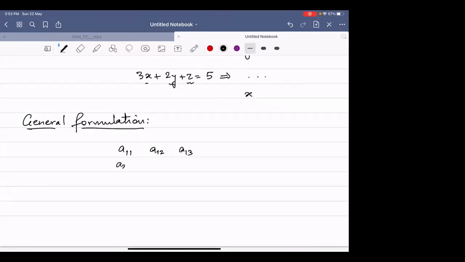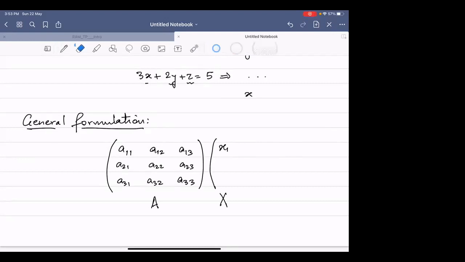A1,3, A2,1, A2,2, A2,3, A3,1, A3,2, A3,3. This is my matrix A. This is my variable vector X: X1, X2, X3, or I can write X, Y, Z, whatever, equal to the vector B. Let me call it B1, B2, B3.